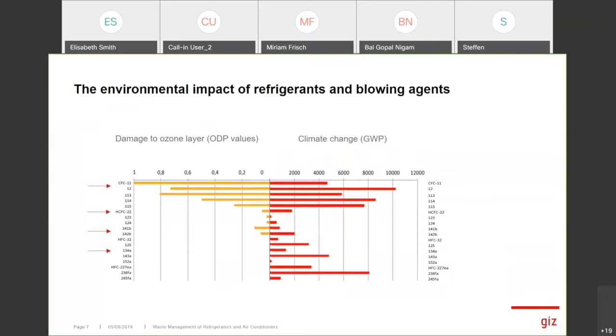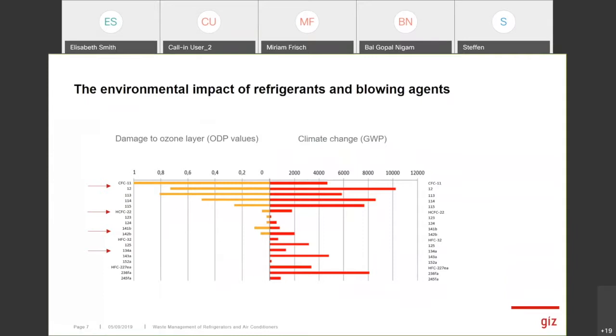For example, for the foam blowing agent, CFC R11 was very critical because of the ozone depleting potential of 1 and the global warming potential of 4,600. CFC R12, which is still a subject for treatment, has an ozone depleting value also of 1, a little less than CFC 11, but with a very strong global warming potential of 10,600.